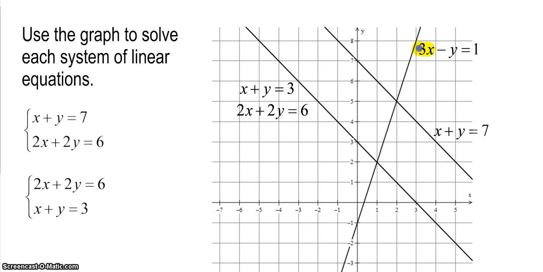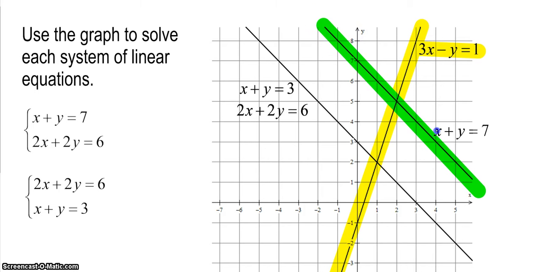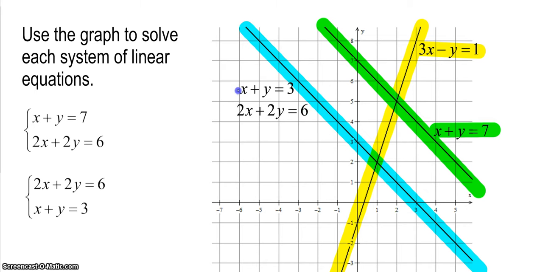Before I begin, I want to highlight my lines just because the color really helps to see which lines we're going to be comparing with one another. So they want us to compare 2x plus 2y equals 6 with x plus y equals 7.